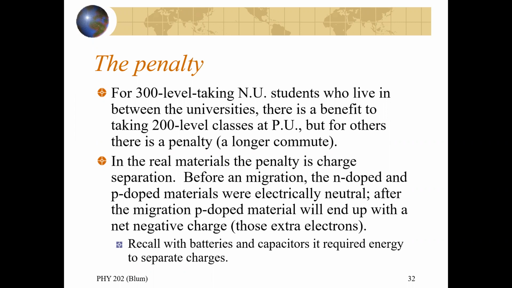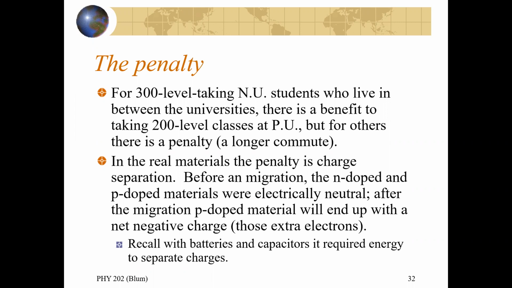But when you have electrons from one side jumping over to the other side to fill in lower levels, you're getting a charge separation. And charge separations always cost some energy. Think of a capacitor, think of a battery. They have charge separations, and there's energy associated with that.